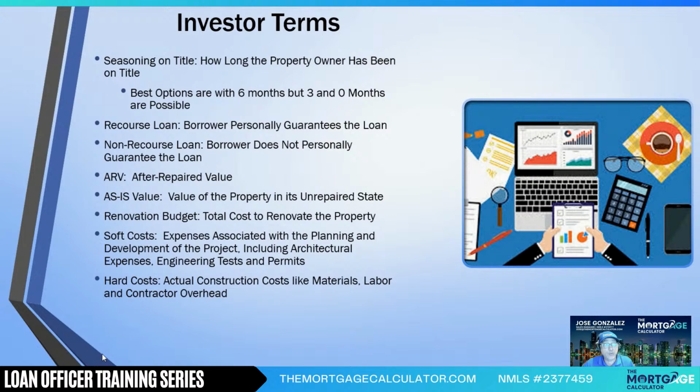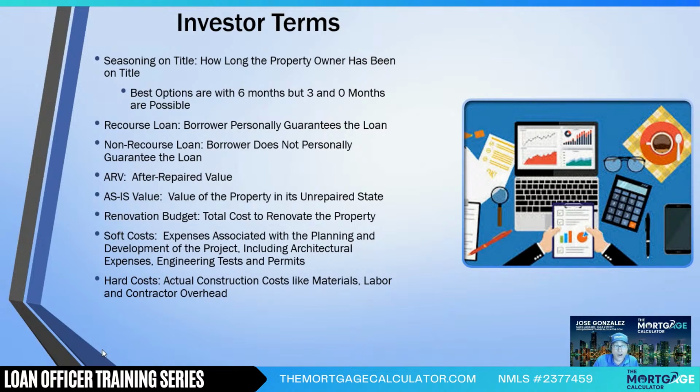ARV is the after repaired value. That's the value of the property after everything is complete. As is value is the value of the property in its unrepaired current state. Renovation budget is the total cost to renovate the property. Soft costs are expenses associated with the planning and development of the project, including architectural expenses, engineering tests, and permits.